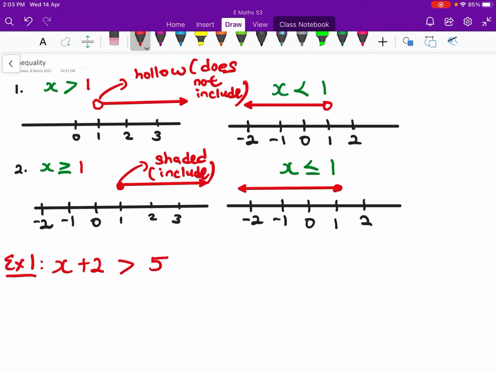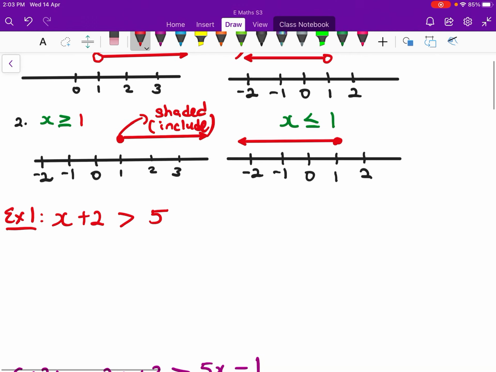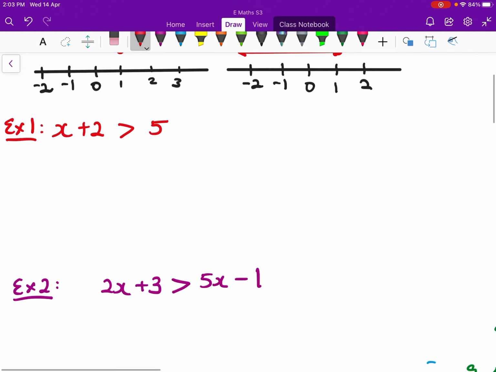Besides drawing the number line, of course we must solve the inequality, just like how we solve for x in a quadratic equation or linear equation. In fact they are actually the same thing, just that there is a minor difference. Let's take a look at example 1. x plus 2 is more than 5.